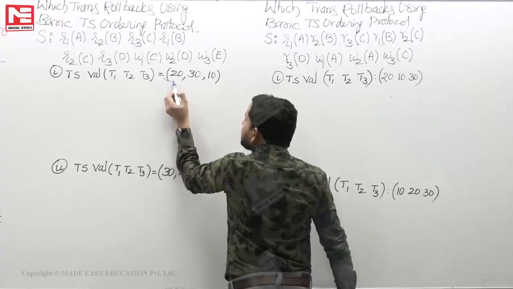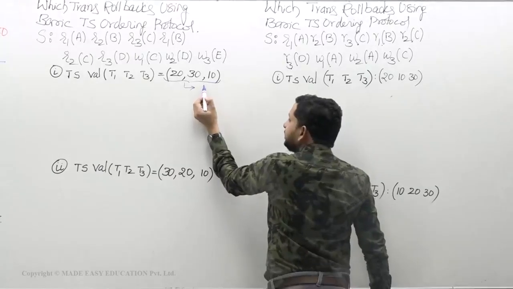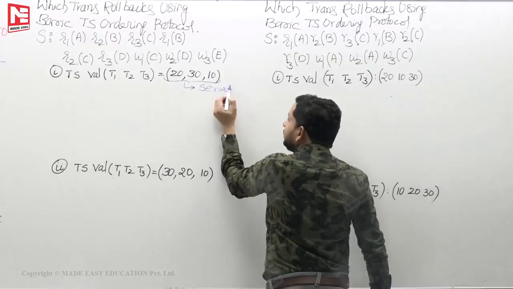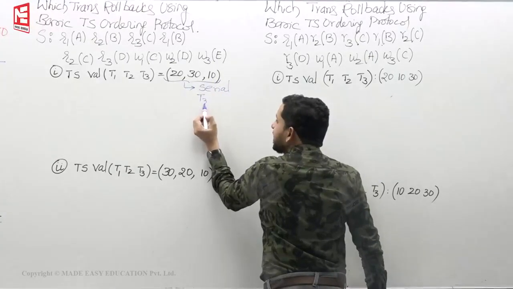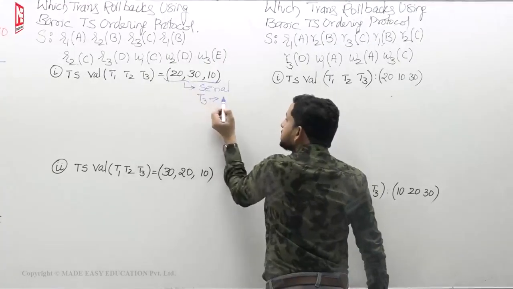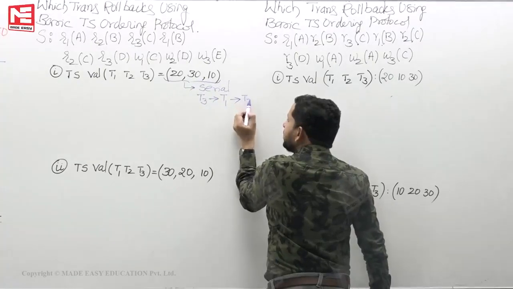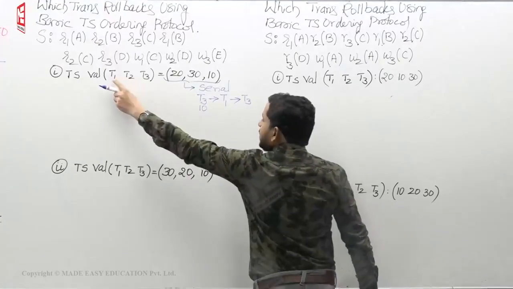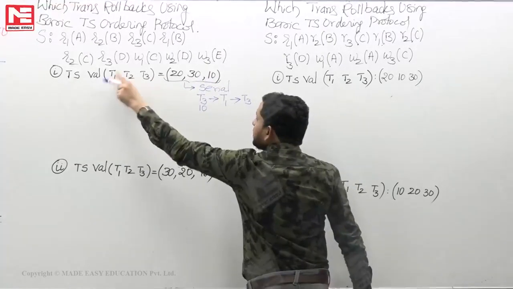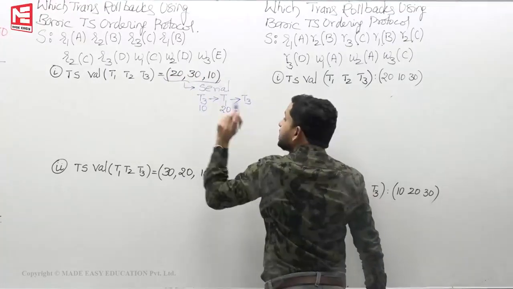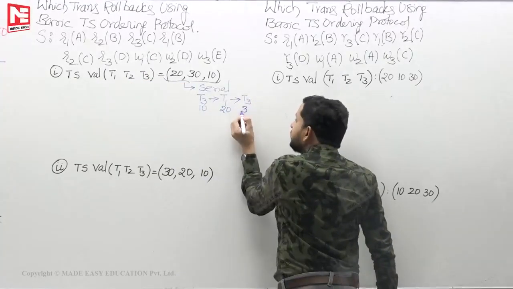According to these timestamp values, what is the equivalent serial order? The expected serial order is T3, whose timestamp is the least, 10, followed by T1 with timestamp 20, and followed by T2 with timestamp 30, the youngest.